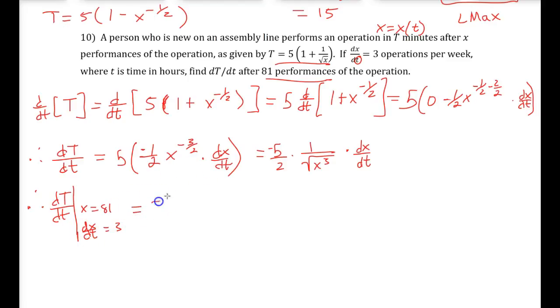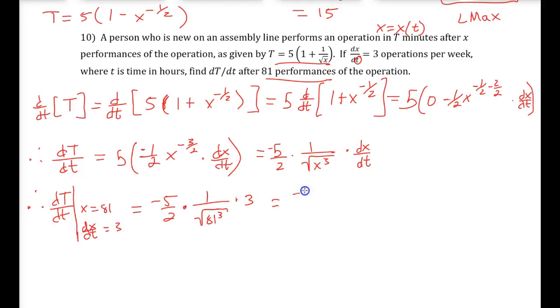So when we do that, that's the 5/2, and we have the 81 cubed there, and dx over dt is just 3.